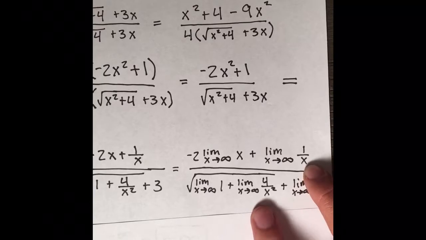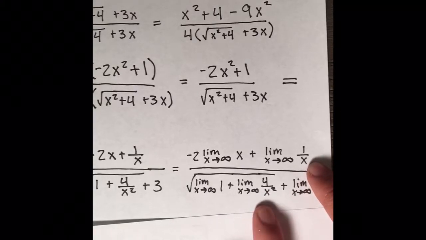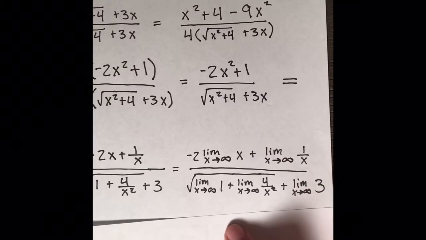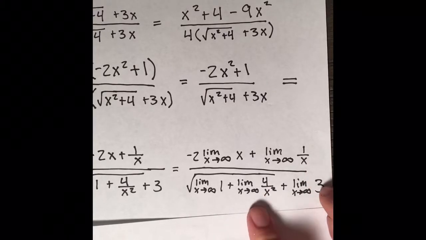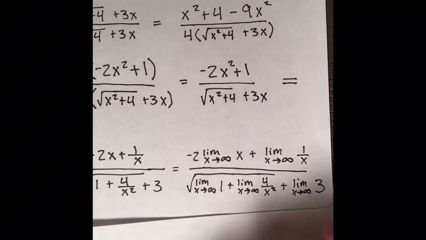So 1 over infinity is going to be 0, because 1 over a very large number approaches 0. And same for here: 4 over x squared, with x approaching infinity, is going to approach 0 because 4 divided by a very large number approaches 0.